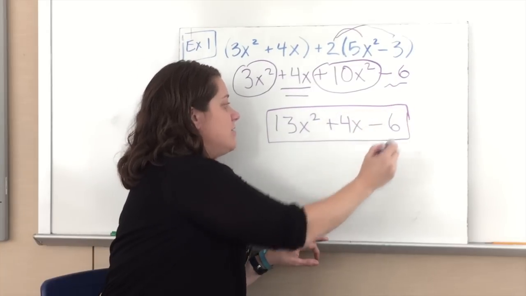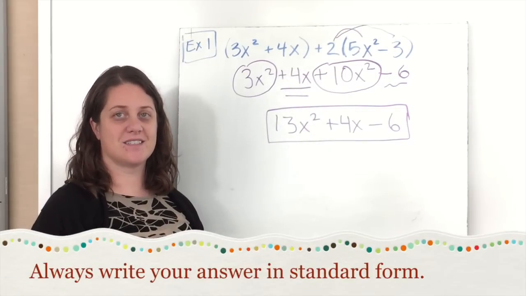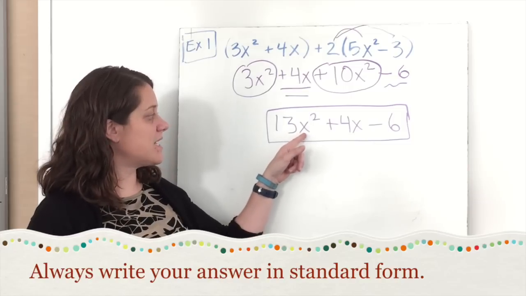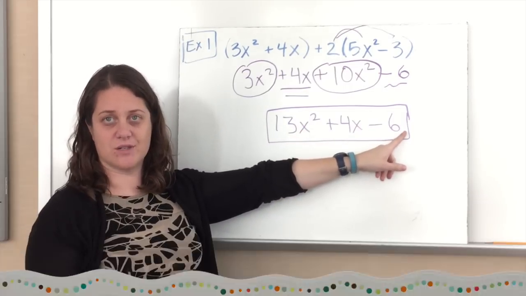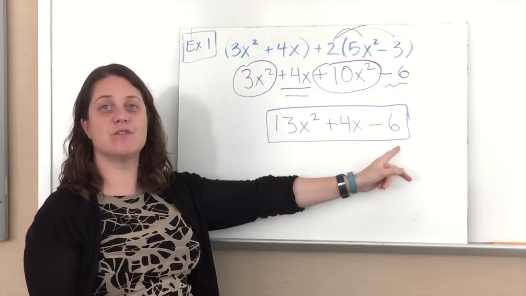Now, Miss Achilles, do you know why I wrote it in that order? Because you need the exponents to be written in descending order. Exactly. So standard form is x squared, then x, then x to the 0, or we don't see the x there. So that will be your final answer in standard form.